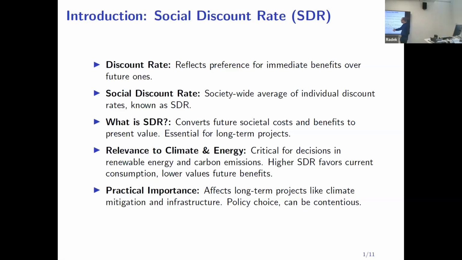For climate and energy, this is a crucial question as well, what the social discount rate is. If you are trying to decide whether you want to invest in new types of energy technologies, say renewable energies, or whether you want to pay for carbon emission mitigation that might result in lower emissions and a safer, better world for our children and our children's children, again, you need to know what the social discount rate is.